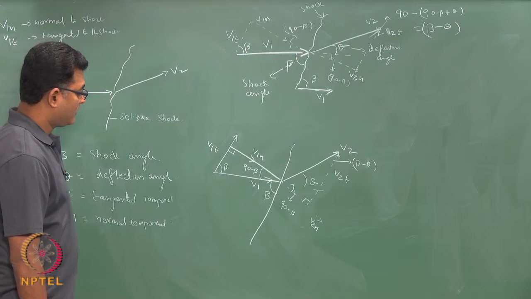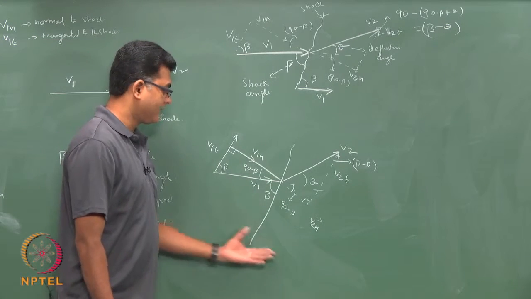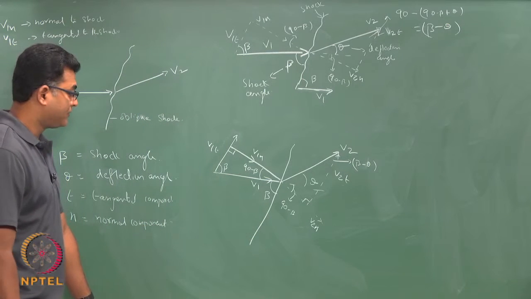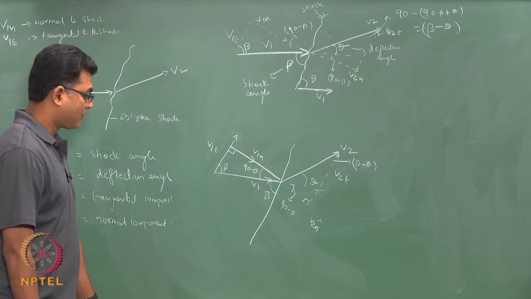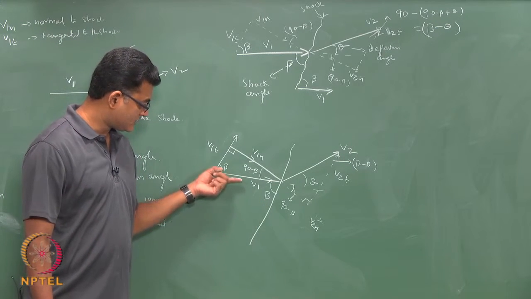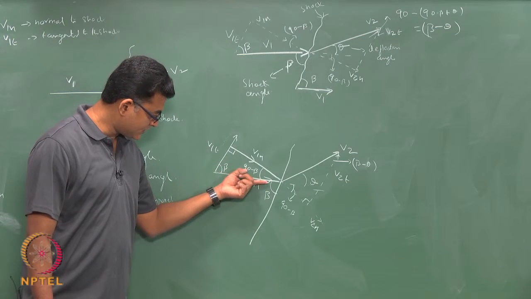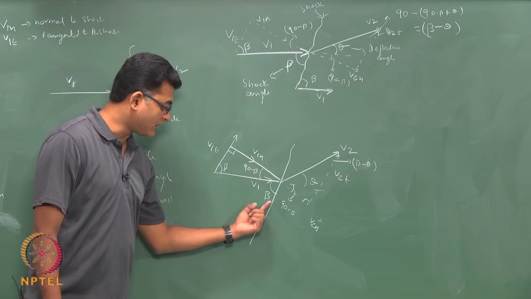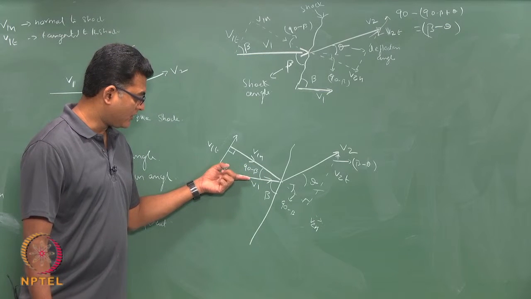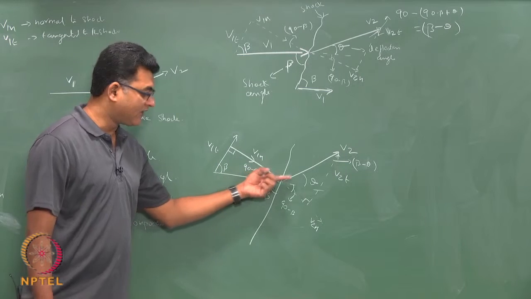Okay. So, this figure we have to familiarize when trying to do the problems. The important angles are this beta, which is the angle between the fluid velocity direction and the shock angle, and the deflection angle is the velocity which has been deflected by the shock.